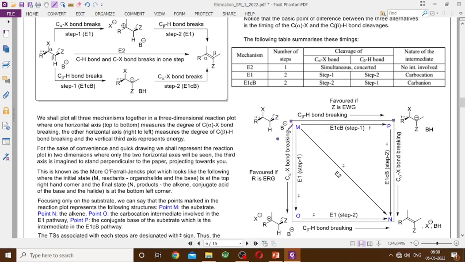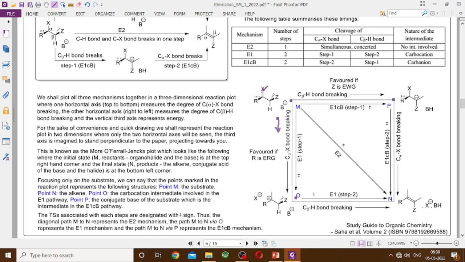Therefore when you arrive here, you have the carbon ion because the CH bond has completely broken. And if you travel along this axis, you are measuring the extent of the C alpha X bond being broken, and therefore as you move along this axis, the CX bond order decreases, and when you arrive at this point, your CX bond has been completely broken and you have a carbocation.